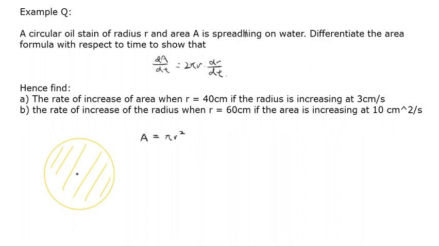Now the question asks us to show that dA dt equals 2 pi r dr dt. Firstly, are you confused with that, or is everything clear? I'm going to be confused. Okay. Well, we want to show that dA dt equals 2 pi r dr dt, all right? Now the thing is this. Is the area of the oil stain changing, yes or no? Yes. It is.